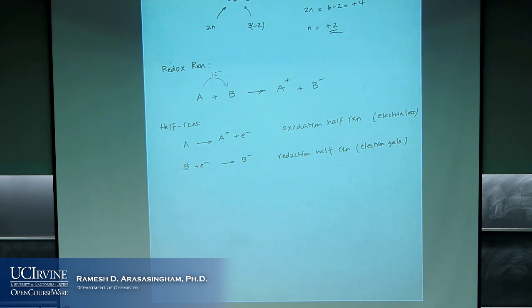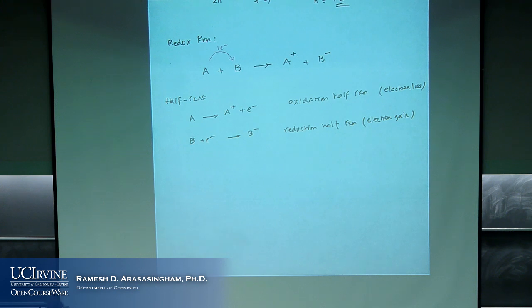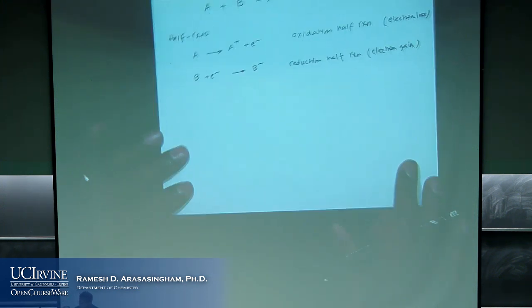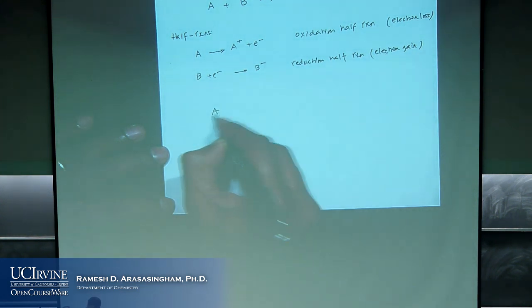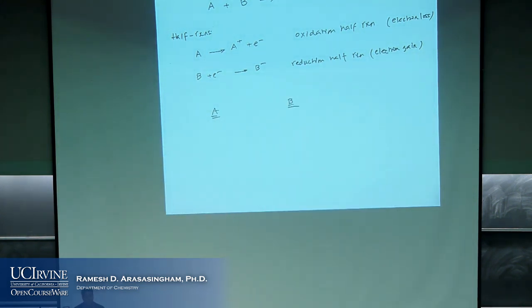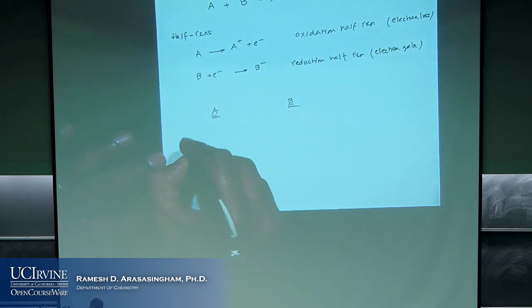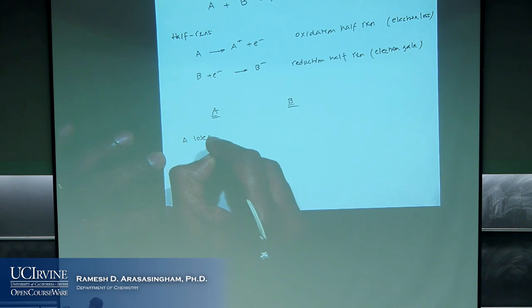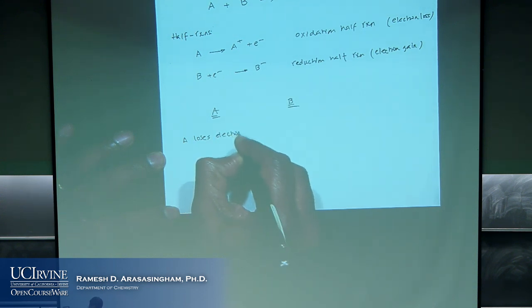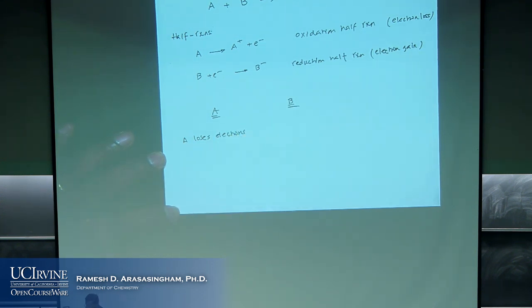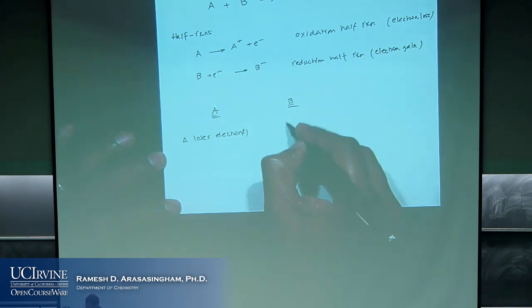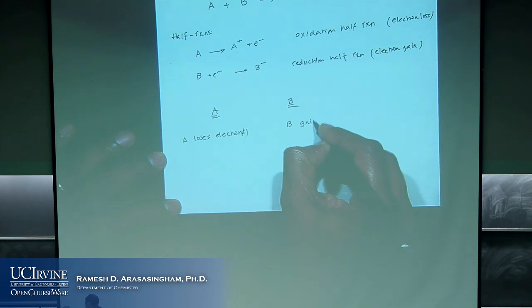Okay? So if I want to make a little table, let's look at what happens at A and what happens at B. Remember, we have to look at the reactants. You can see A loses electrons. In other words, it's losing one or more electrons. So A loses electrons, B gains electrons.